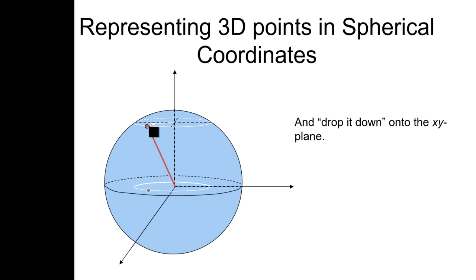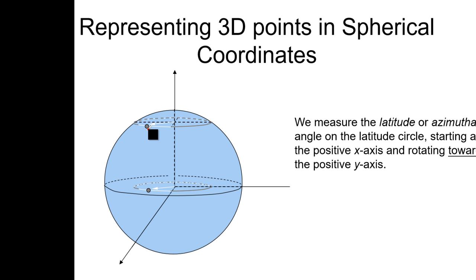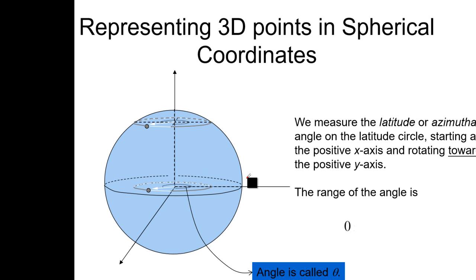So we draw a circle and we drop a line into the xy plane. You can see here, this angle is what we call theta, and this angle can rotate to 2 pi because this horizontal circle covers the front and back side of the sphere.